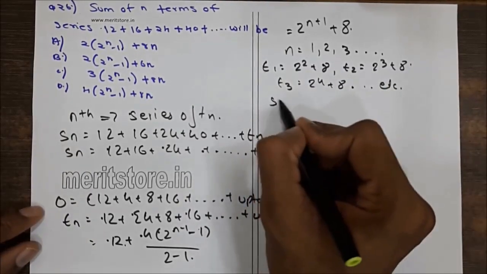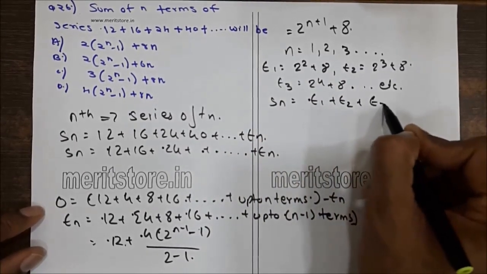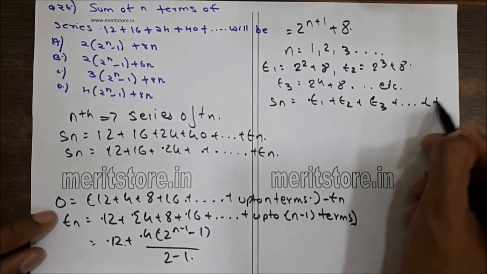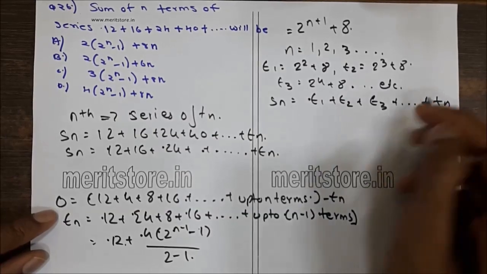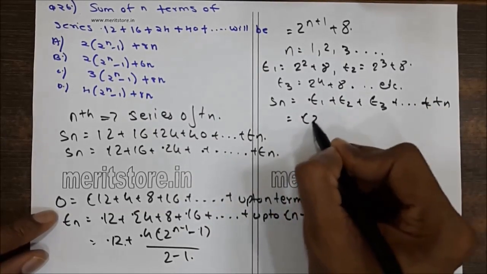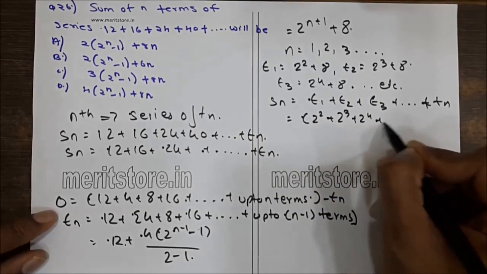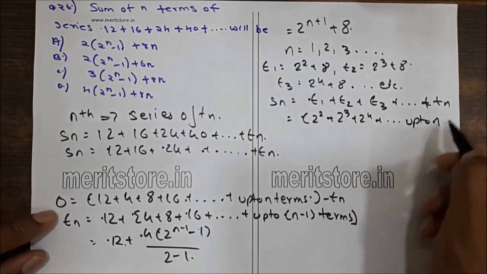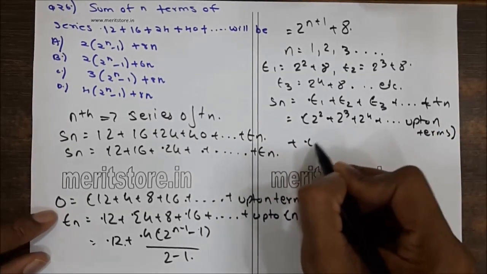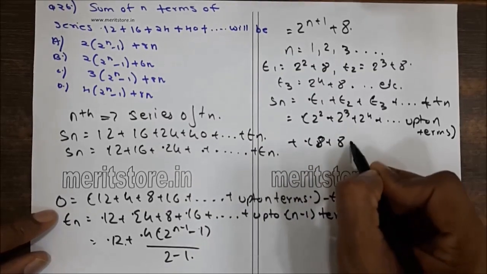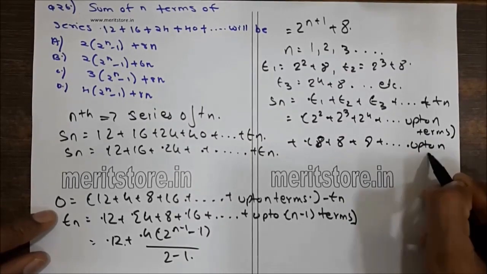So for Sn, that is the sum T1 plus T2 plus T3 plus ... plus Tn. Substituting the values of T1, T2, T3, we get 2 square plus 2 cube plus 2 raised to 4 plus ... up to n terms, plus 8 plus 8 plus 8 up to n terms.